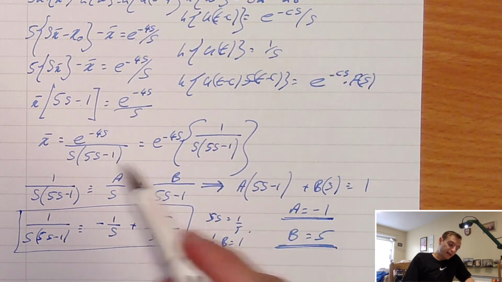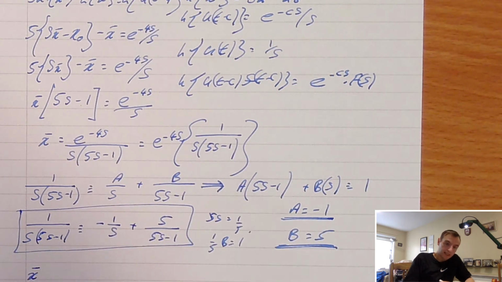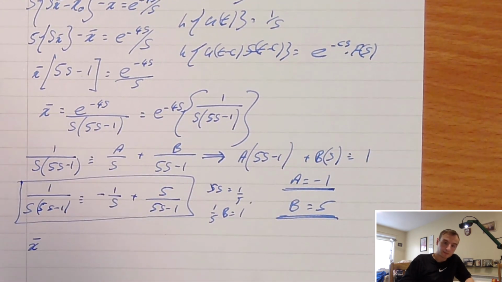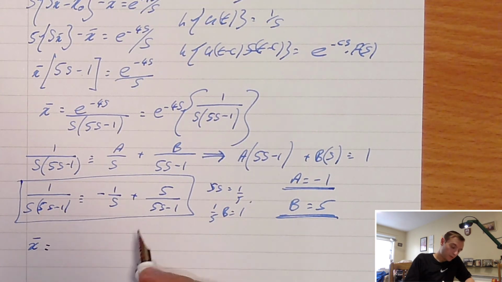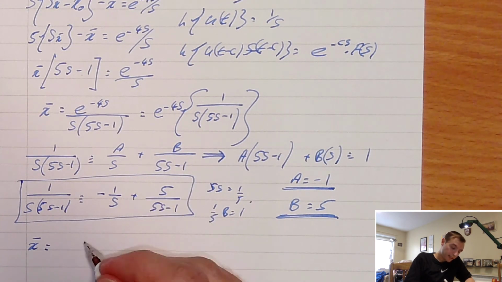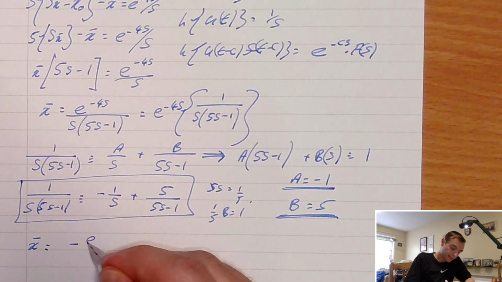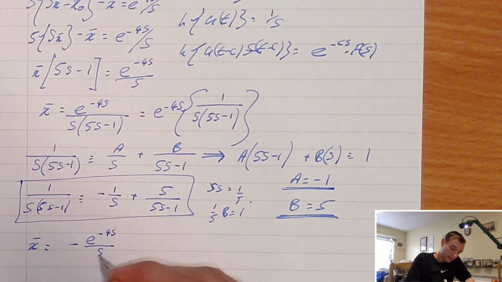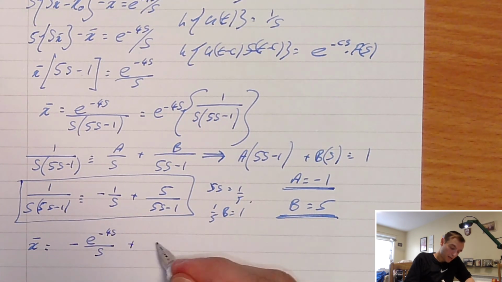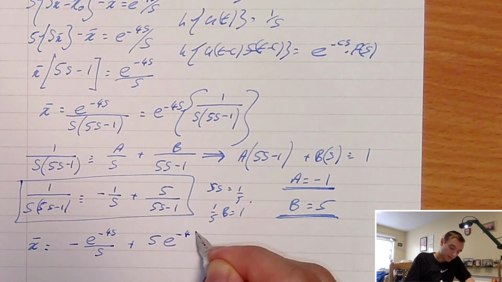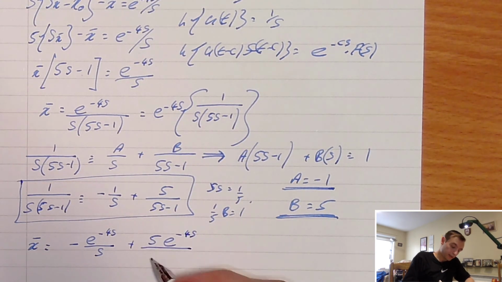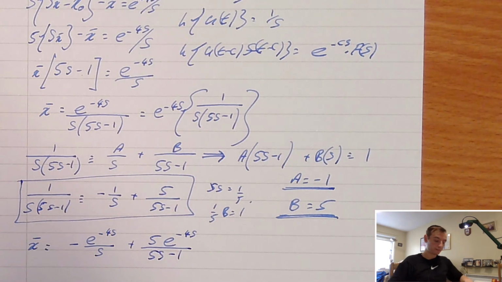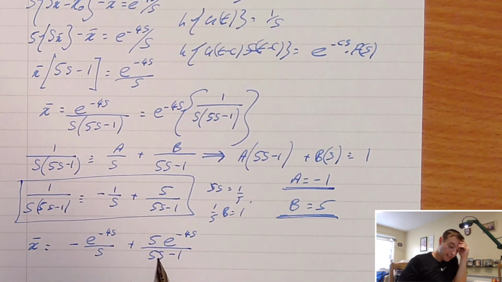And then we can substitute that back into x bar. So we can say that x bar equals e to the minus 4s times minus 1 on s plus 5e to the minus 4s on 5s minus 1. Now, what we can do over here is take out the 5.